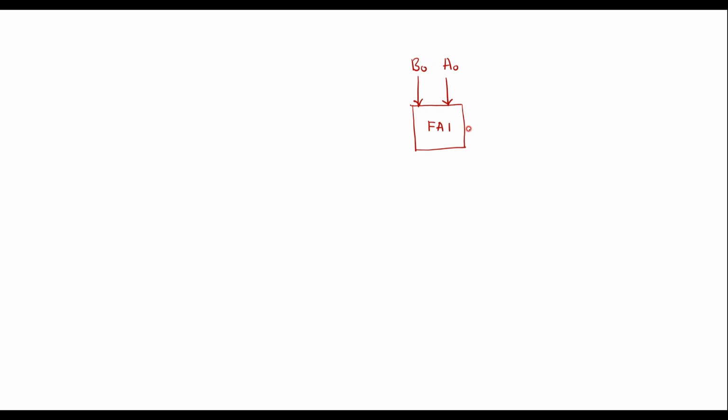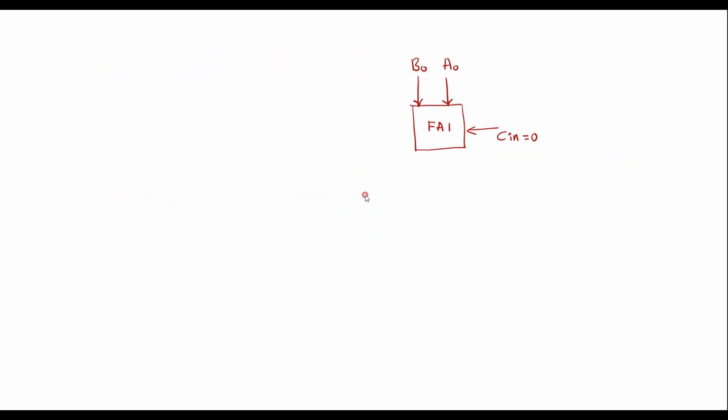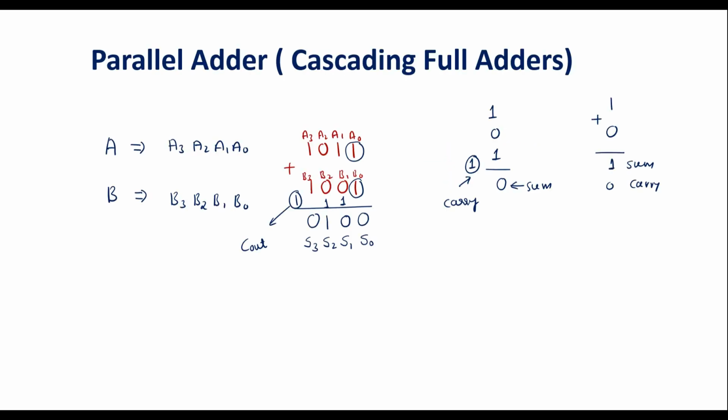For the first full adder, I will assume the initial carry input is equal to 0, because while adding 1 plus 1, there is no carry. So I will assume carry as 0. It produces two outputs. One is sum, and here the sum I will call S0.